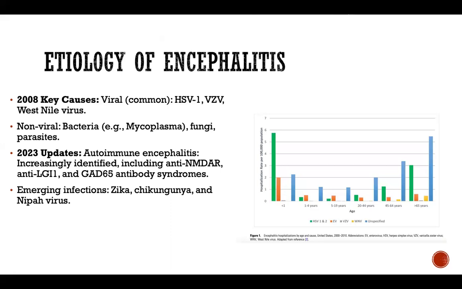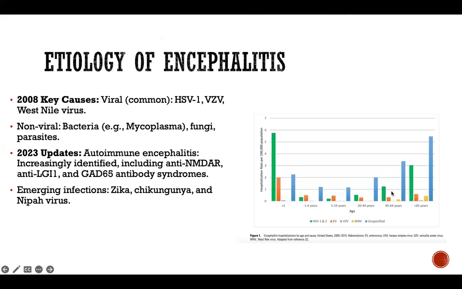Worldwide, there are cases of rabies, measles, and Japanese encephalitis. Annually, there are more than, I would say, a million cases. HSV is very common here, that we usually encounter.